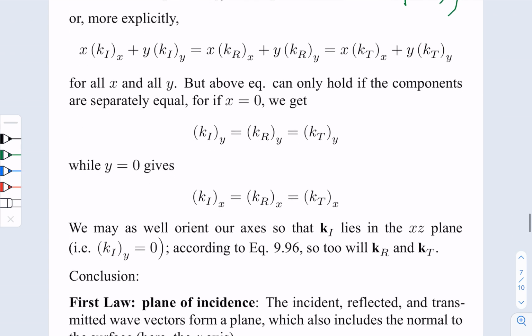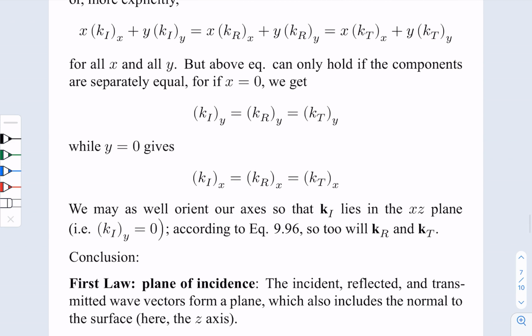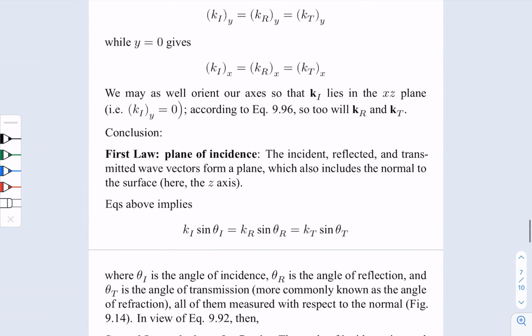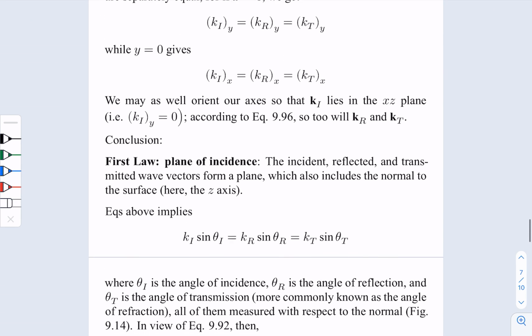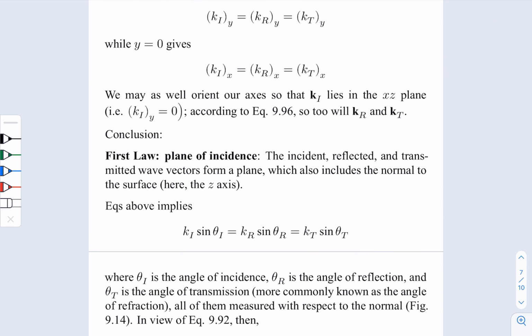So from this we can already derive all the laws of classical, or geometrical, optics.